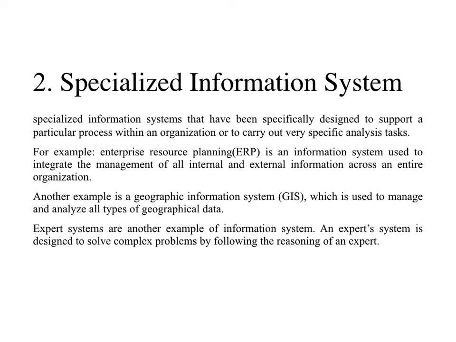The second type of information systems is specialized information systems. The specialized information systems have been designed to support a specific process or a particular process within an organization, or to achieve a specific goal or task in our organization. For example, enterprise resource planning systems are information systems used to integrate information about the management of all internal and external information to serve and support the organization.